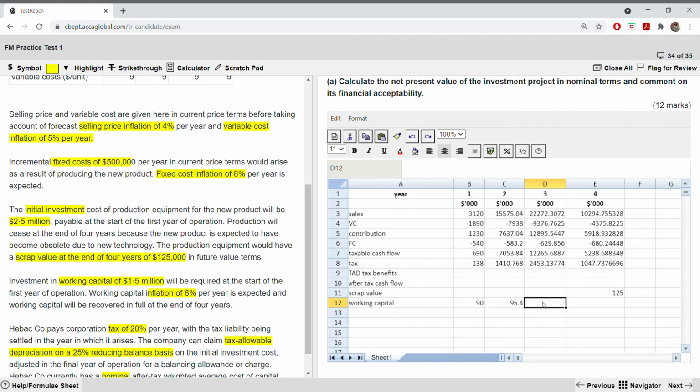It's important that you know how working capital works, because this is an area where students make mistakes.